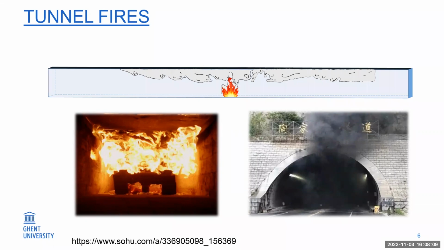The high temperature smoke poses a great threat to people and properties wherever it goes. The bottom figures show the threat of tunnel fires. We can see so much smoke will be generated, and it will even be pushed out from the inlet or outlet of the tunnel.